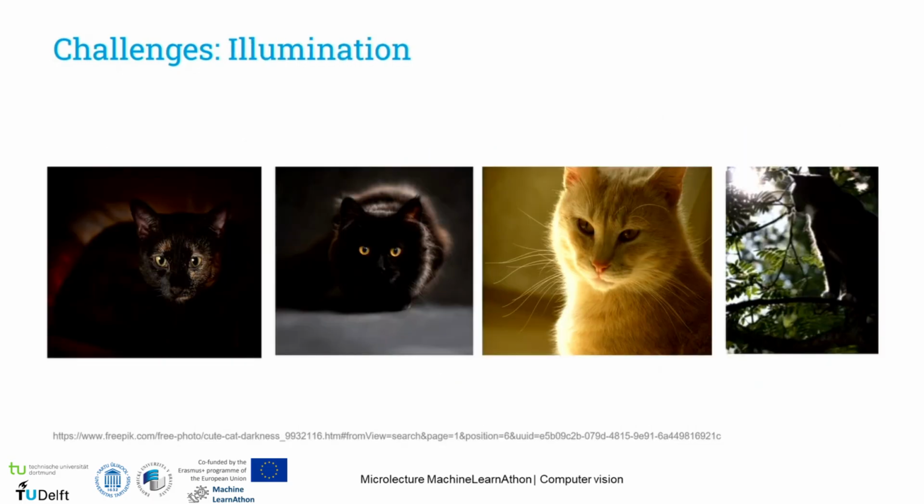Likewise, if you change the lighting of your setting, again, the pixel values will be completely different, even though the object is the same and it's the same class that we want to predict. For us as humans, we're able to differentiate that. For a computer, these lighting changes make it very difficult.